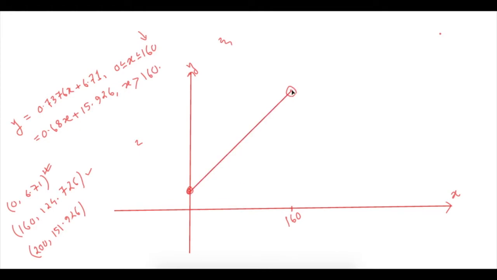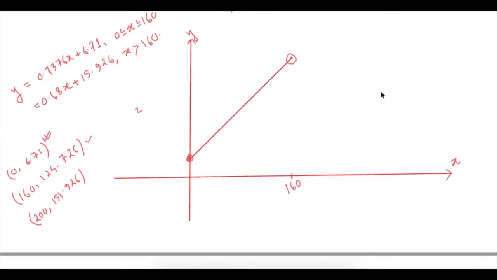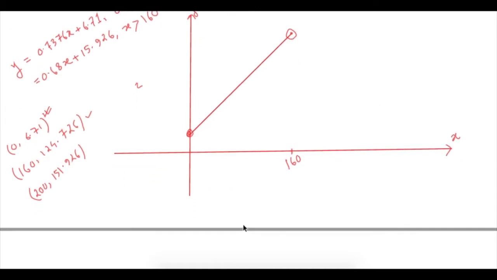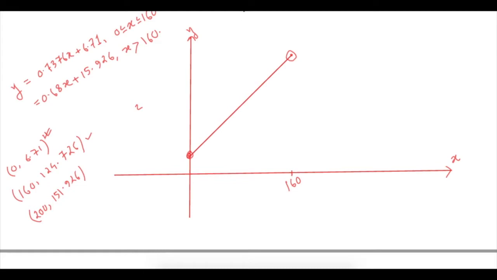This is the first line, and second line will start where the first line ends, because if you put 160 in the second line, the result will be the same. You see 0.68. Let us put 160 in the second line. So 0.68 into 160 plus 15.926, and that will be equal to 124.726.